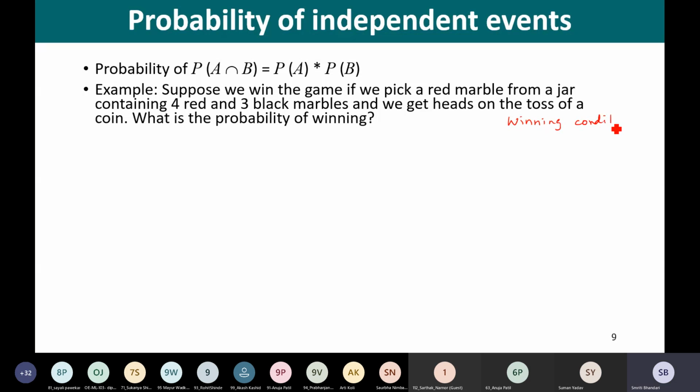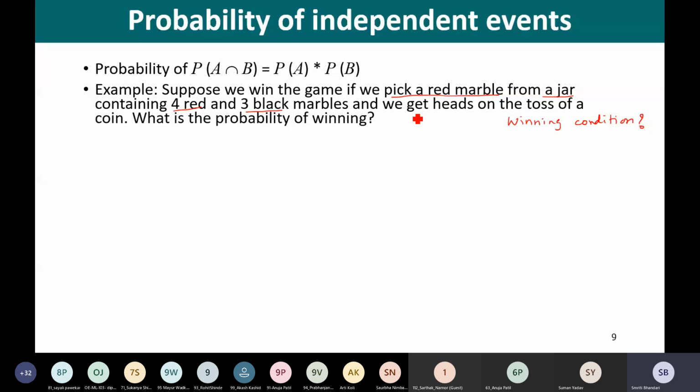The jar contains 4 red and 3 black marbles, so 7 marbles are there in the jar.